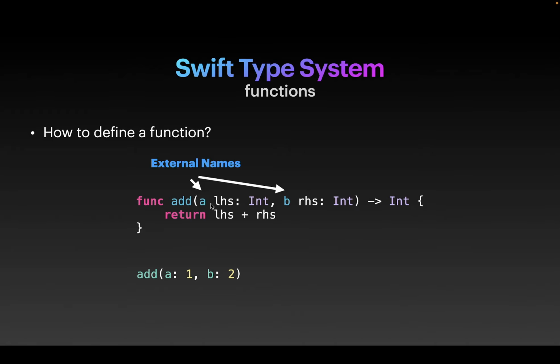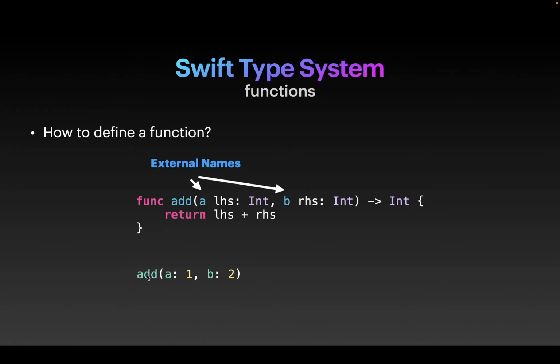I usually call the A here, or the B here, the external names. Apple actually calls them labels, and that also makes sense. Why do I usually call them external names? Because the external names are used by external callers of your function.